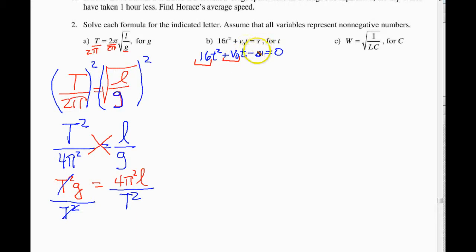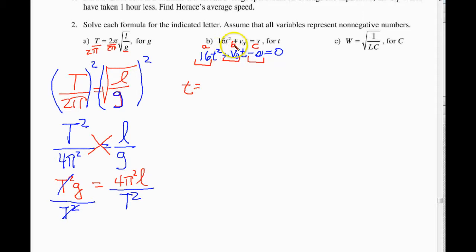And what is c? C will be a negative s. So there's our a, there's our b, and there's our c. Now again, I had to look at that, and I also took a peek at the answer too. That helped me.